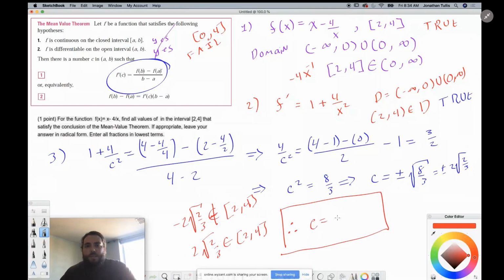Therefore, c is equal to 2 root 2/3. And that is the answer right there. They're asking whether there is a number c in (a, b) such that this is true, and we have found that using the mean value theorem. So that's the gist of it.